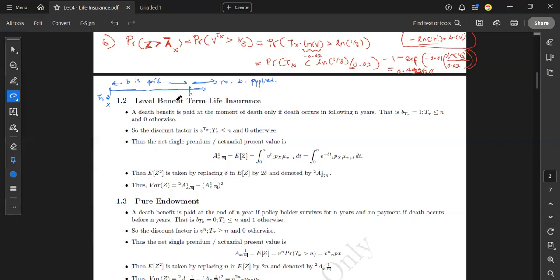Since we know the term n, the net single premium, which is also the actual present value, is manageable. That means we know at most we have to wait until n years.